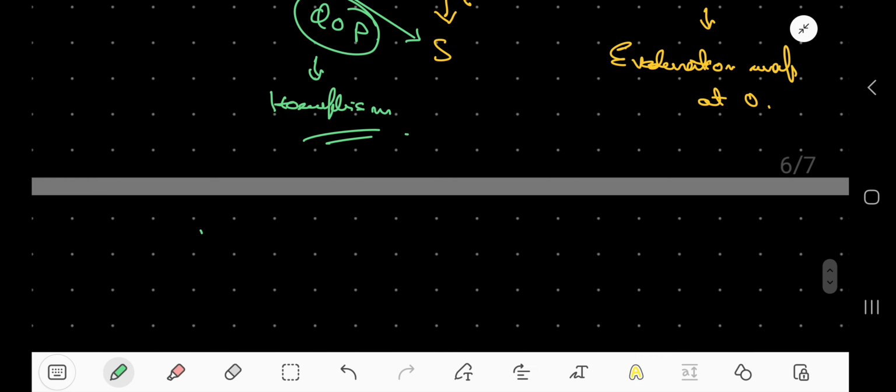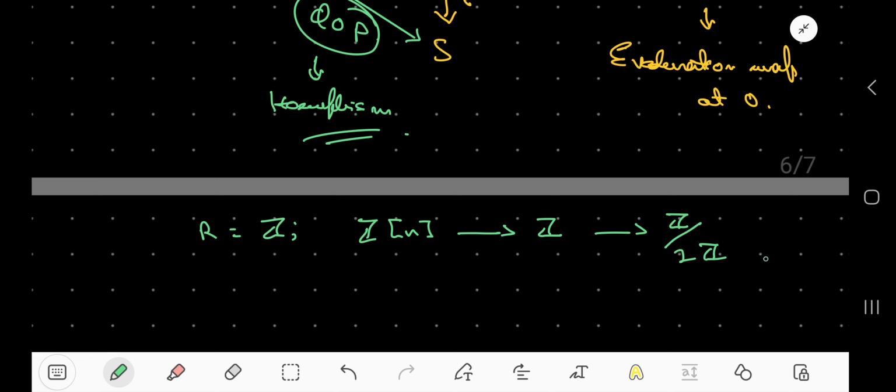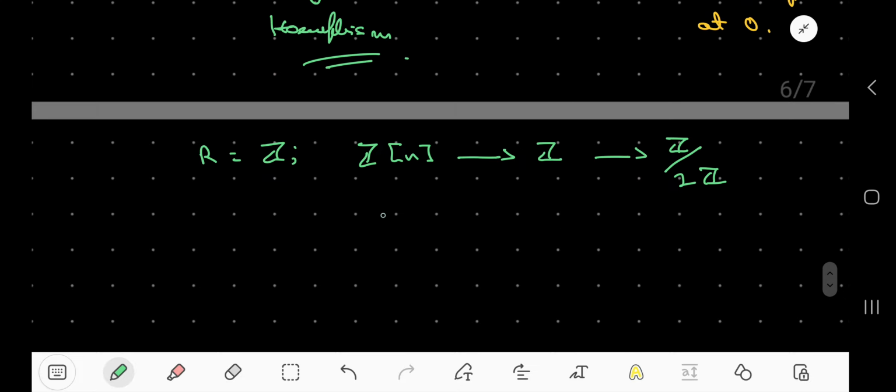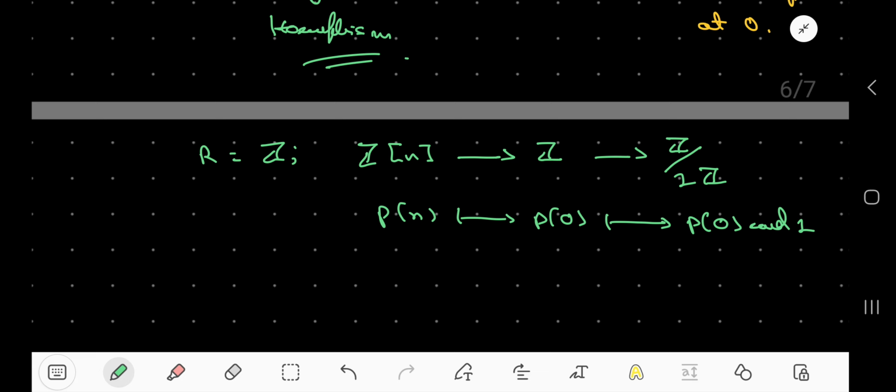So we do the same thing. We take R to be Z and we map Z[x] to Z mod 2Z. How do we do this? We consider a polynomial p(x), we map it to p(0), and we then map it to p(0) mod 2. So this will be a homomorphism clearly.